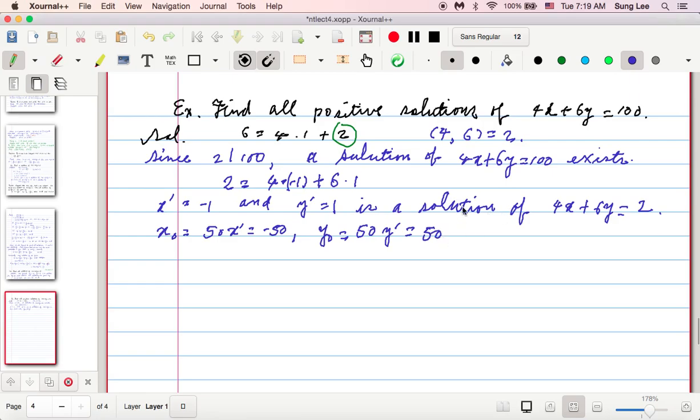That's a solution of the original equation 4x plus 6y equals 100. So now we are ready to find all other solutions.